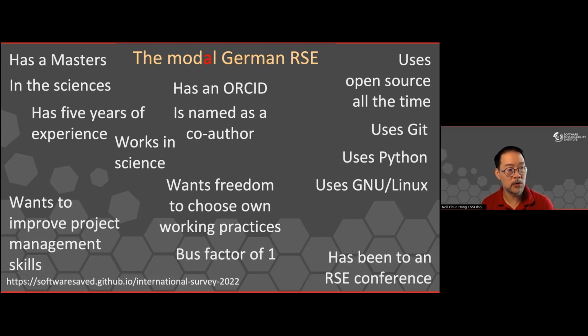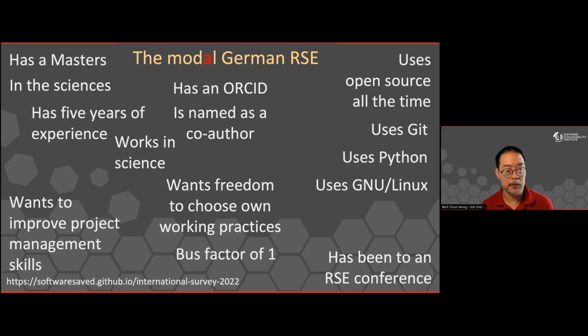So one of the most striking things in the German RSE community, as compared to the US or UK RSE community, is that in general, it's about even how many RSEs have a master's or who have a PhD. Slightly more have masters.